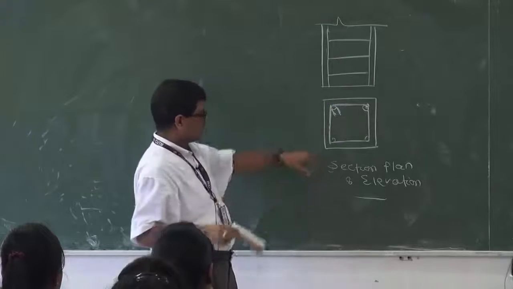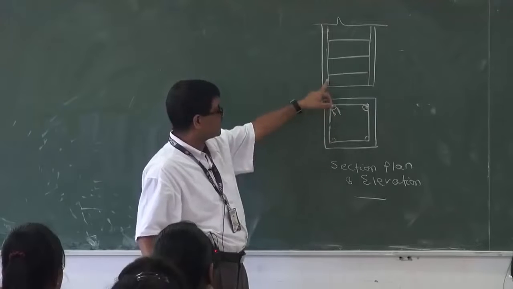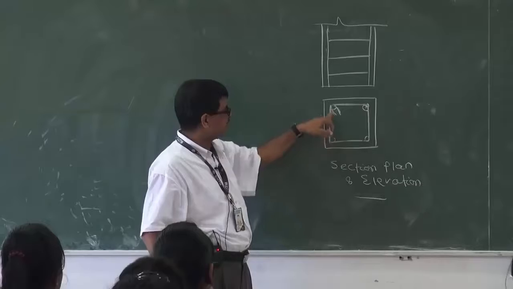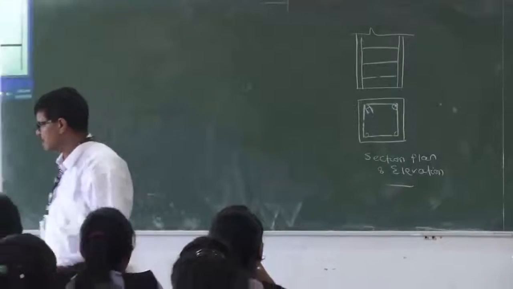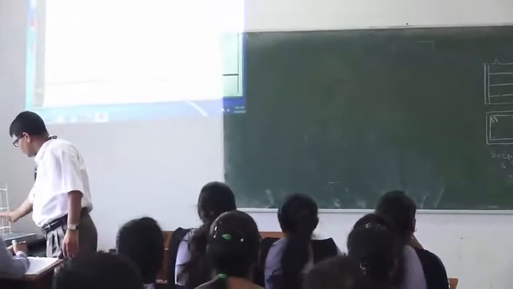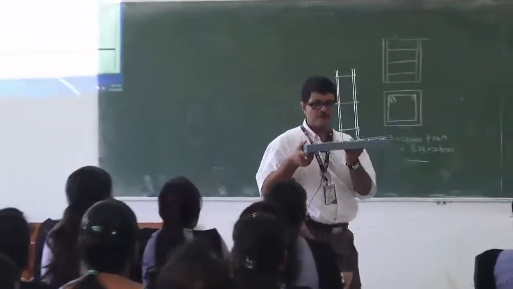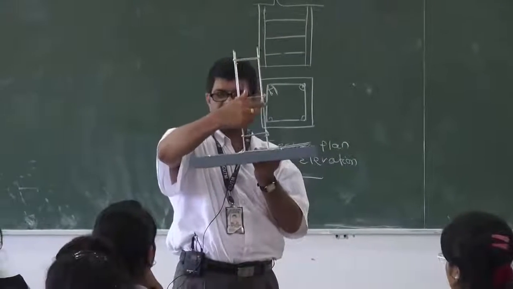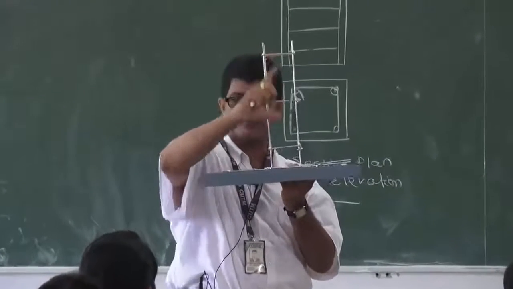Now if you draw the elevation, these rods will look like this, these 2 rods will look like one line, and these links will look like one line. If you look at this model from the front side, what will you see? Only this bar, and these bars will just look like single lines with proper spacing.